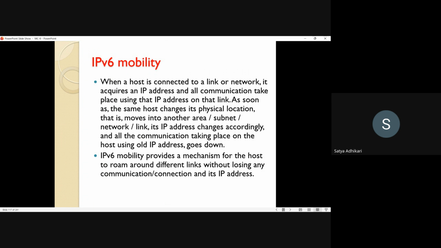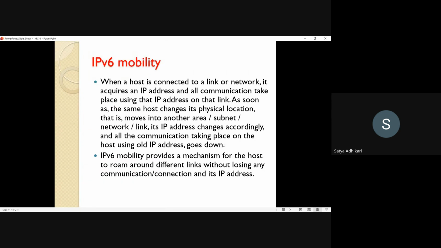Suppose you connect your mobile or laptop to a network or internet, it acquires an IP address, and all communication takes place using that IP address on that link. As soon as the same host changes its physical location, that is, moves into another area, subnet or network, the IP address changes accordingly, and all the communication taking place on the host using the old IP address goes down.